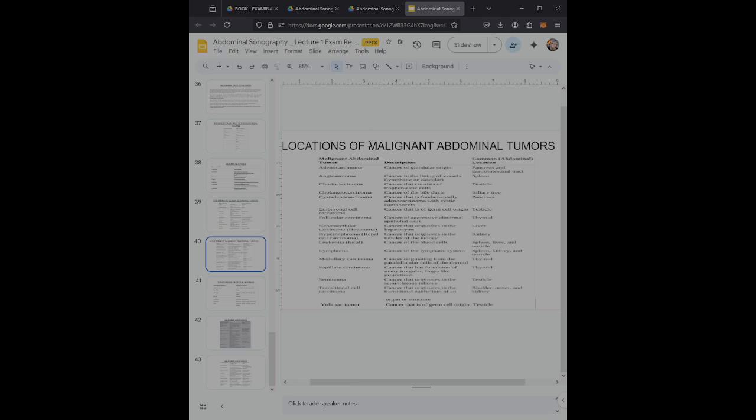And these are some of the locations of these tumors. We have adenocarcinomas, which are cancers of glandular origin, and they're seen in the pancreas and the GIT.